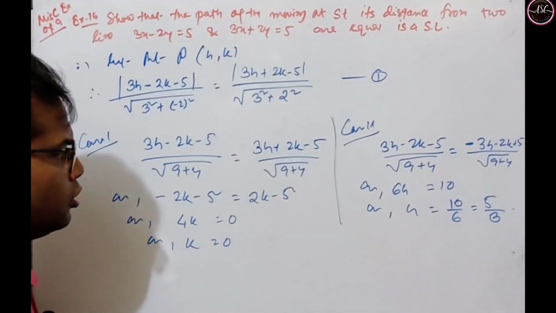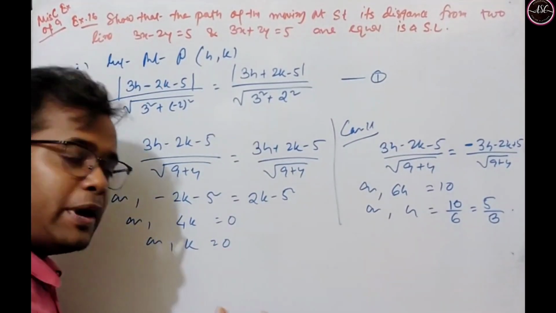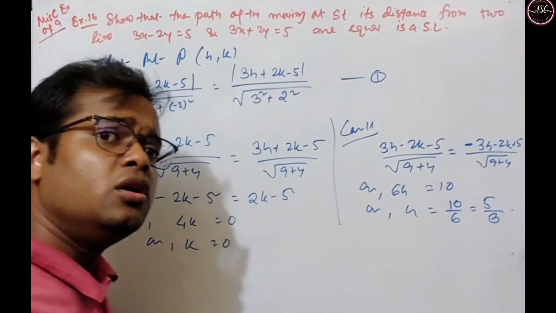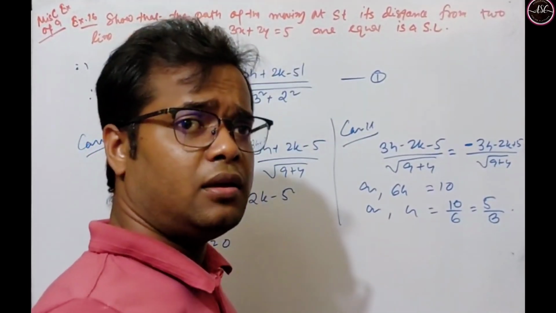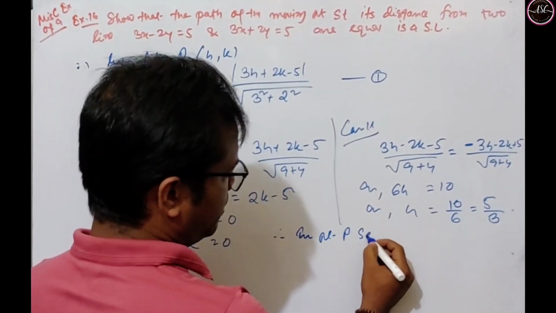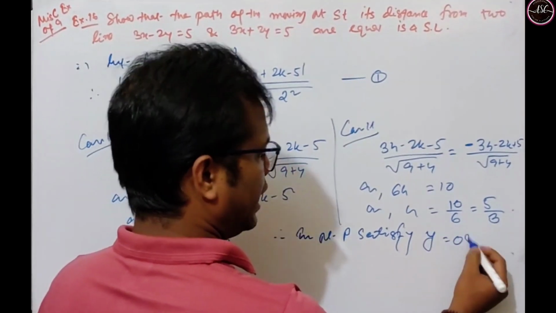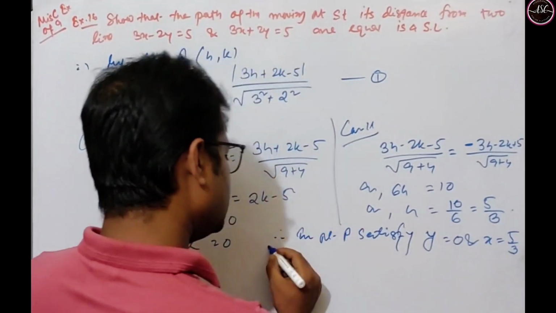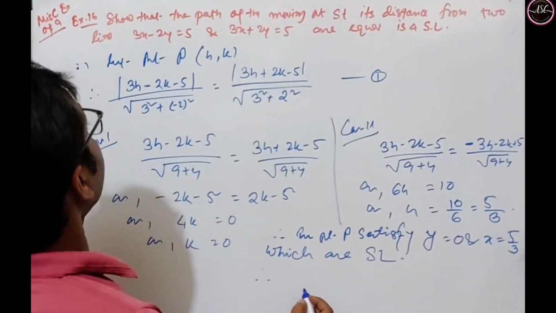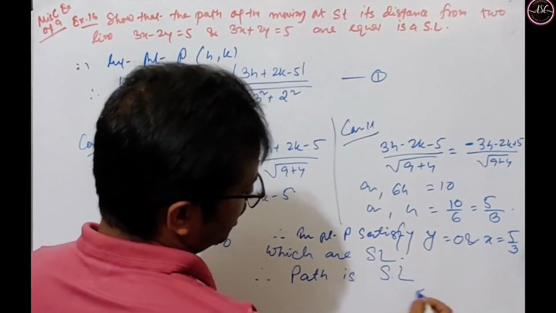Okay, so this point satisfies k equal to 0, that means y equal to 0, and h equal to 5 by 3, that means x equal to 5 by 3, which are straight lines. So the point P satisfies y equal to 0 and x equal to 5 by 3, which are straight lines. So the path is a straight line. Okay, clear?